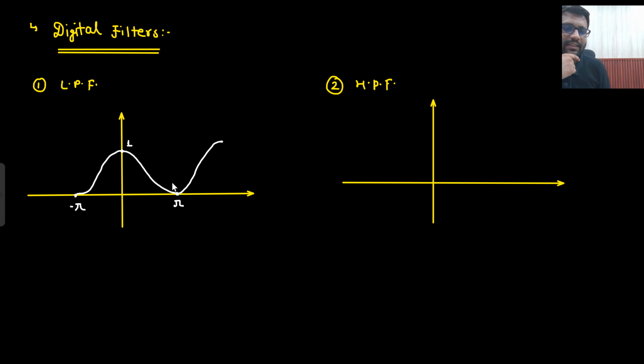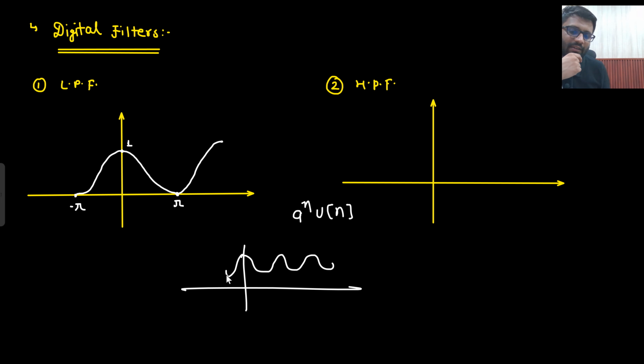Similarly, now this will keep on repeating. And it is not necessary that it will become 0 only. It can have some value as well. Do you remember the response of a to the power n u of n? What kind of response you were getting? This kind of response you were getting. At 0 there was some magnitude, I don't remember, a upon root 1 minus a square, and here some magnitude was there.